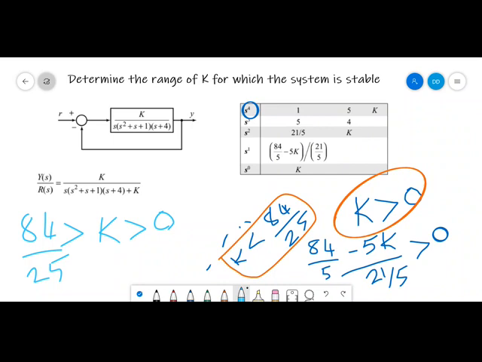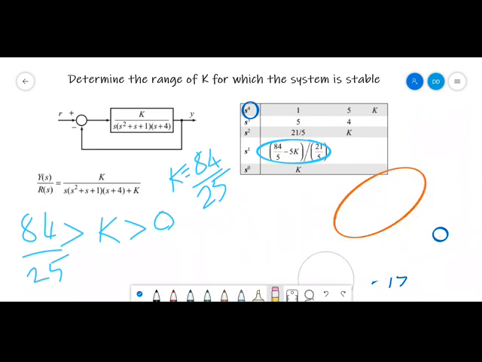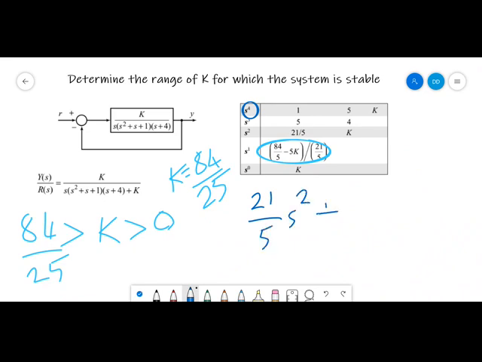To find the roots, we substitute K equal to 84 by 25 in this particular row, and we get 21 by 5 s square plus 84 by 25 equal to 0.